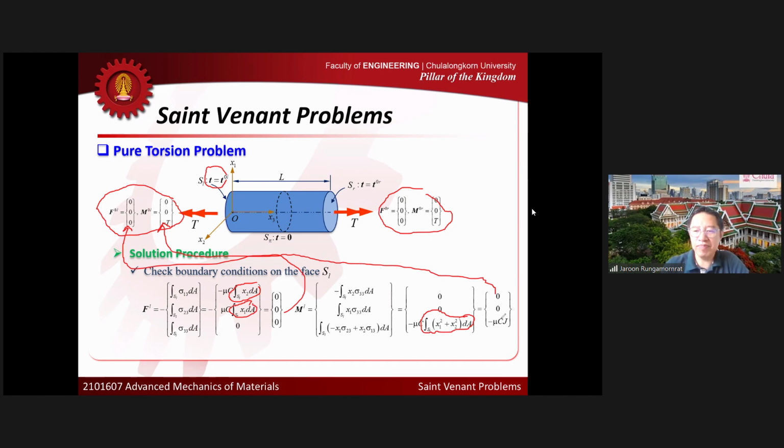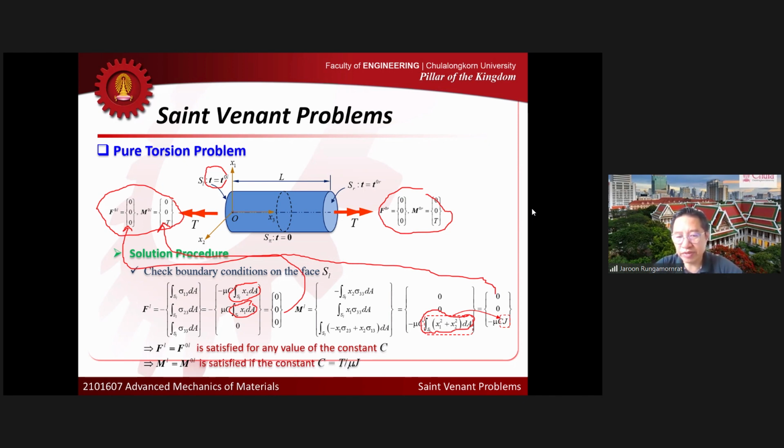So if you get the C that makes the term here the same as that term, now you're done. You can pick the value of C to make sure that the two vectors here are exactly the same, or to make sure that the condition at the left end is satisfied. So I can pick C equal to T over mu J.